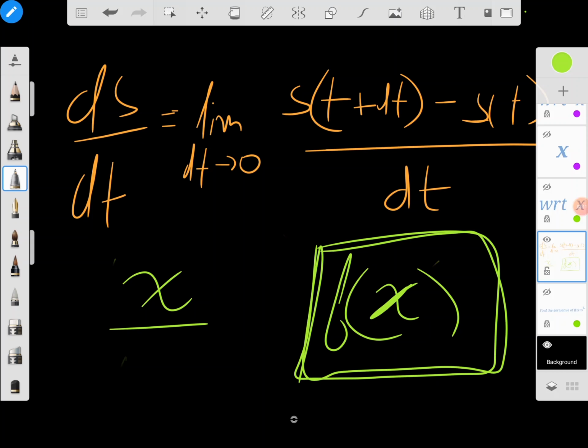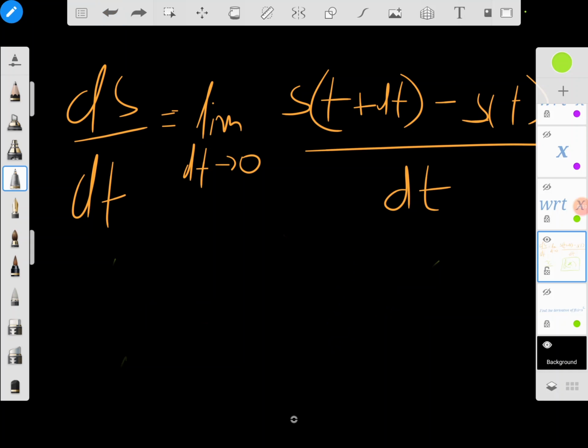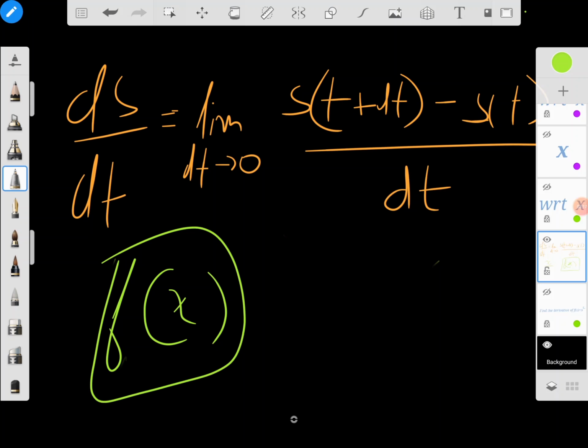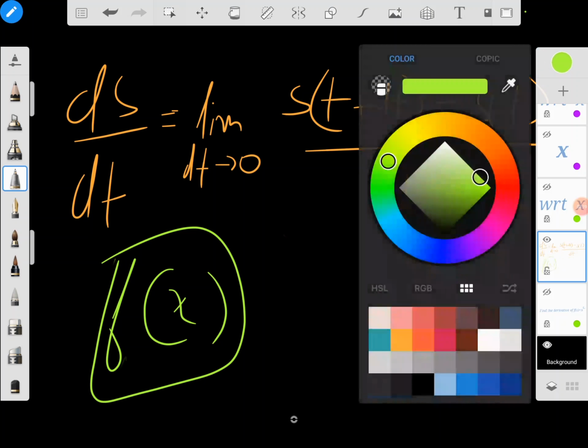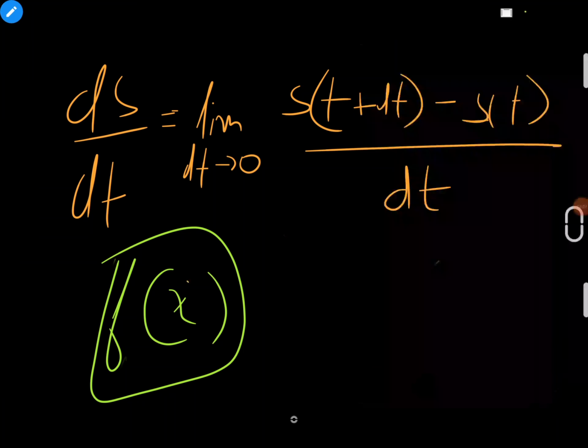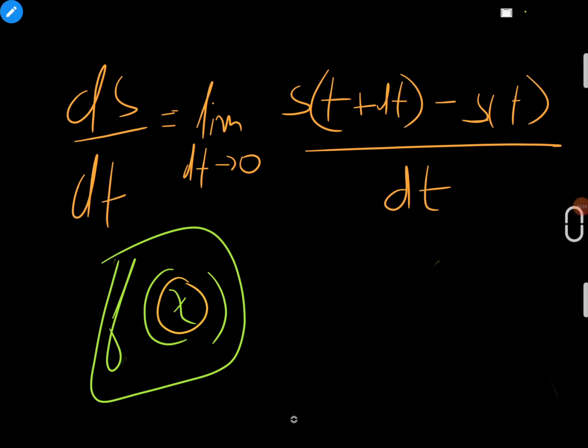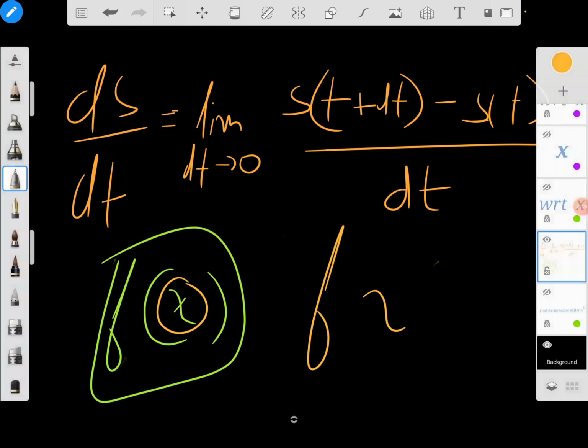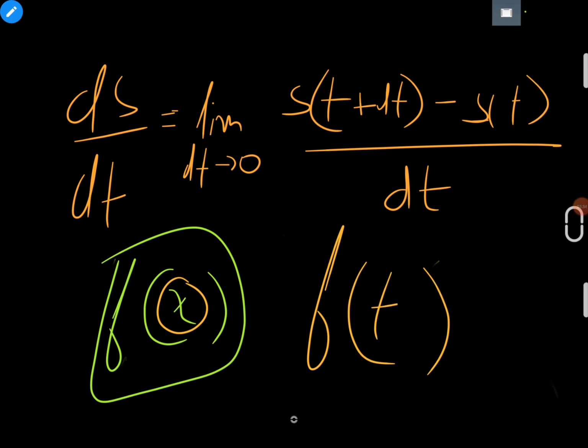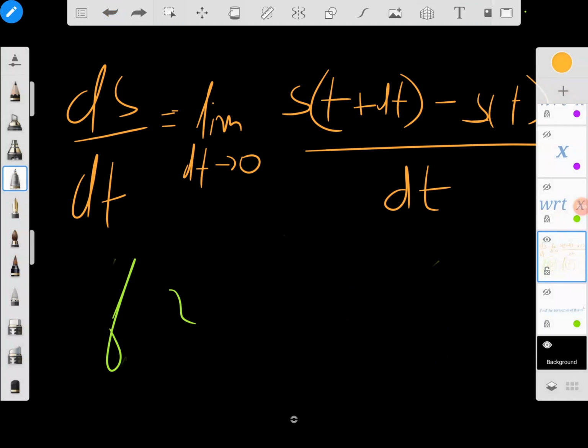When someone writes f of x, I know that f of x is the output and this x is the input. The input is written inside. And when someone says f of t, I know that f of t is the output, t is the input. So that way of writing gives you both pieces of information.